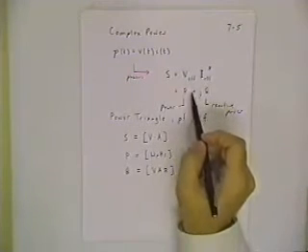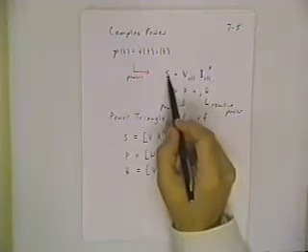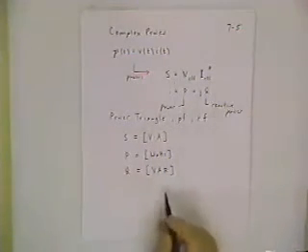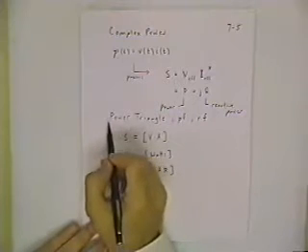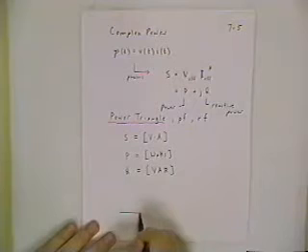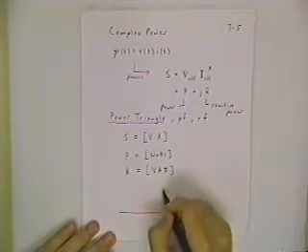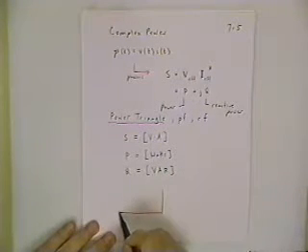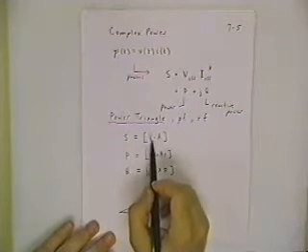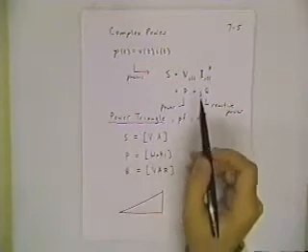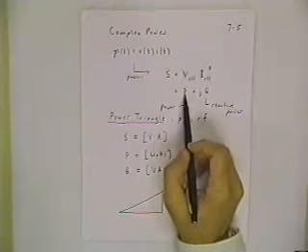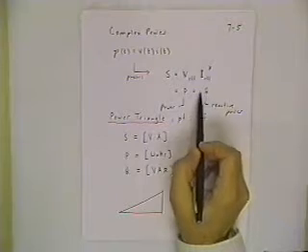Now, to keep things straight, there's a nice graphical analog to this expression, S equals P plus JQ. It's called the power triangle. The power triangle simply plots real power horizontally, reactive power vertically, and the hypotenuse of that triangle turns out to be the total power, S. If this is in the complex plane, this is a real part, this is an imaginary part.